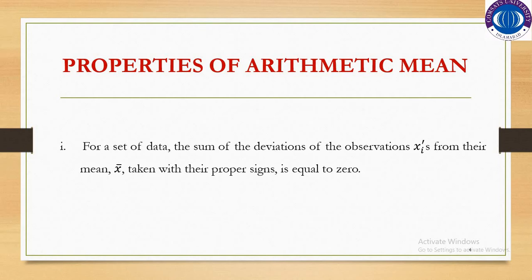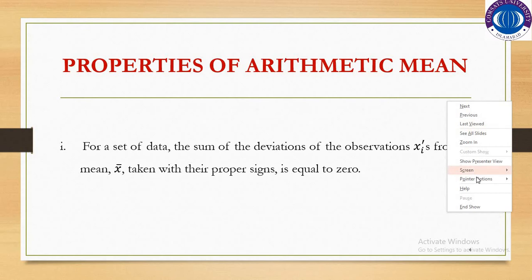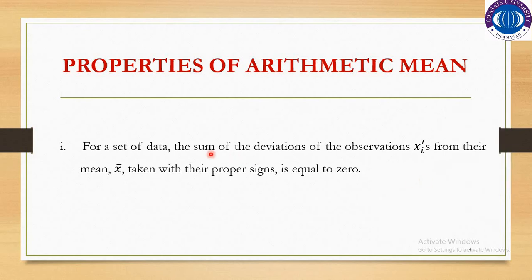Properties of arithmetic mean. The very first property is: for a set of data, the sum of deviations of the observations xi's from their mean, which we represent by x bar, taken with their proper signs, is equal to 0.